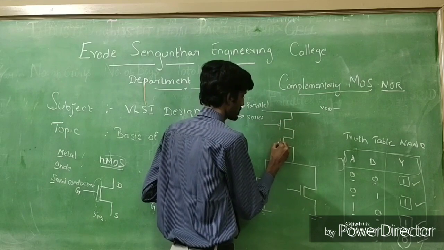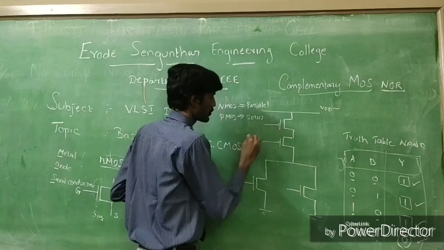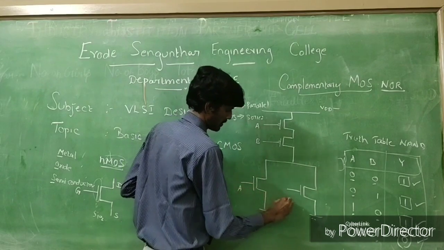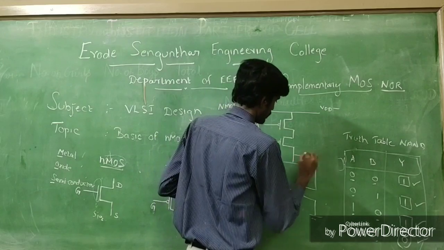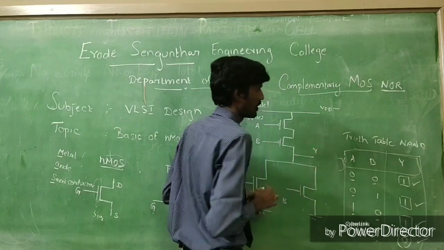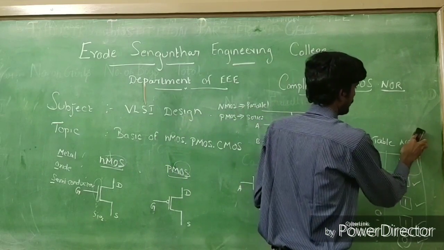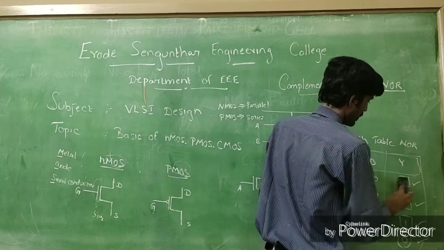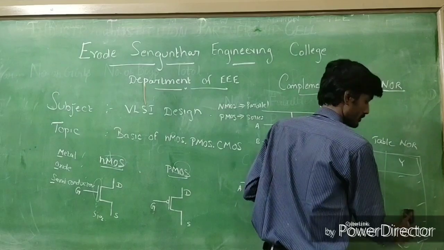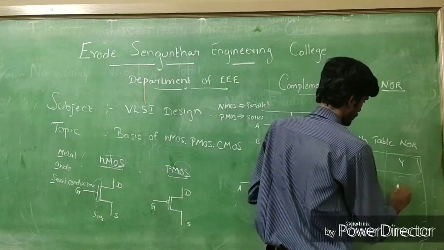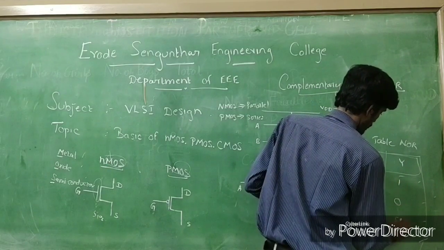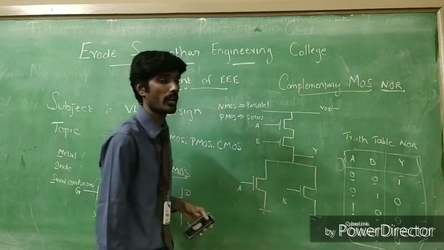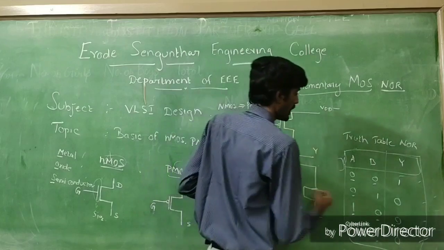So these are PMOS, and these two become NMOS, with inputs A and B, and as usual we take the output here. For the NOR gate, the answer becomes 1, 0, 0, 0. Now we check out the inputs and the response of the gate structure.